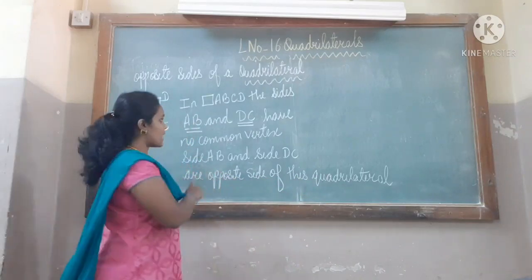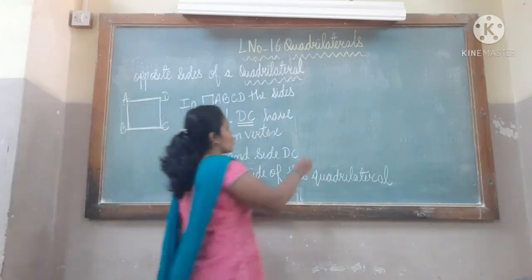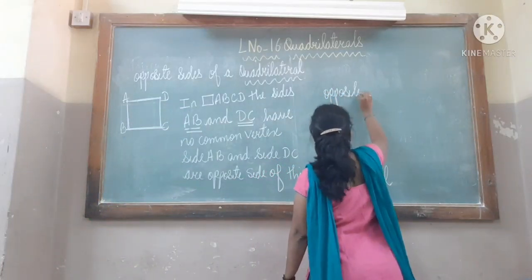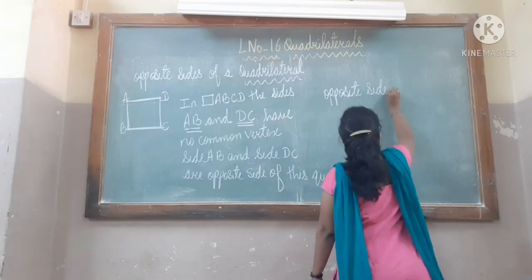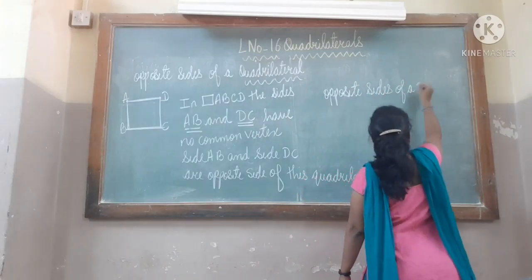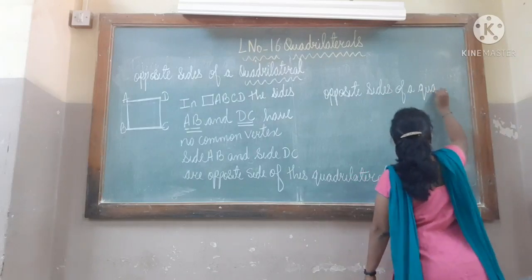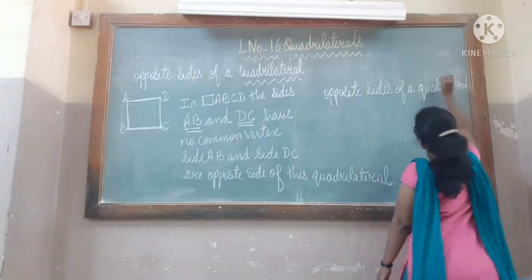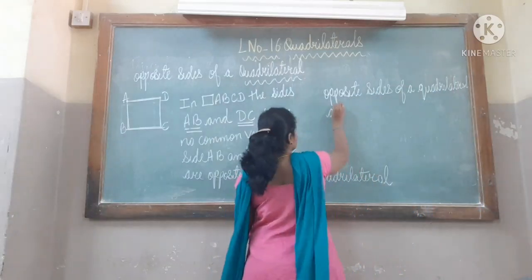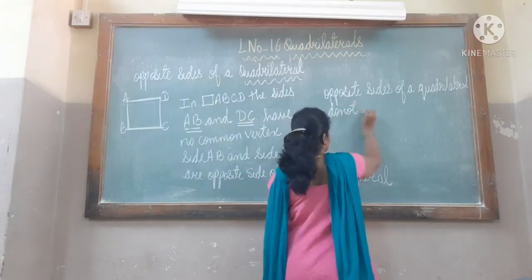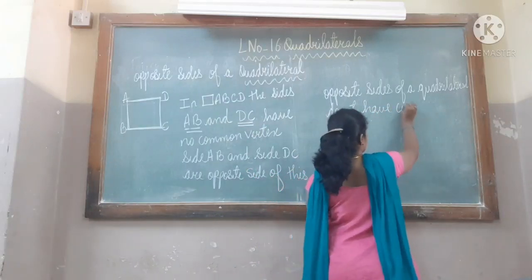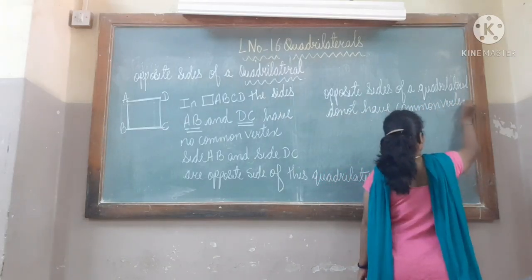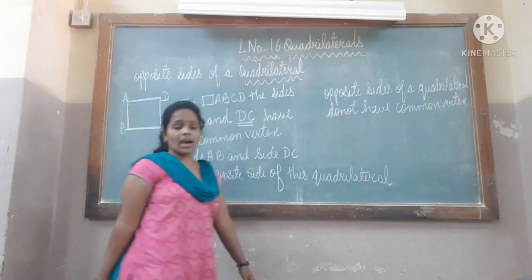And always keep in mind that opposite sides of a quadrilateral do not have a common vertex. They do not have a common vertex. Got it?